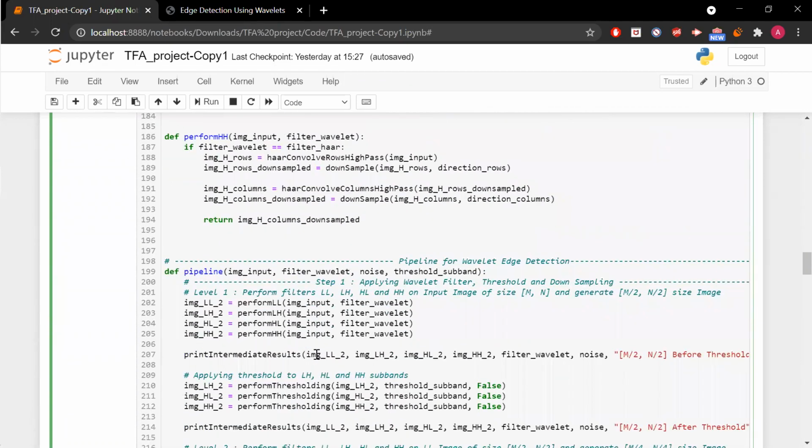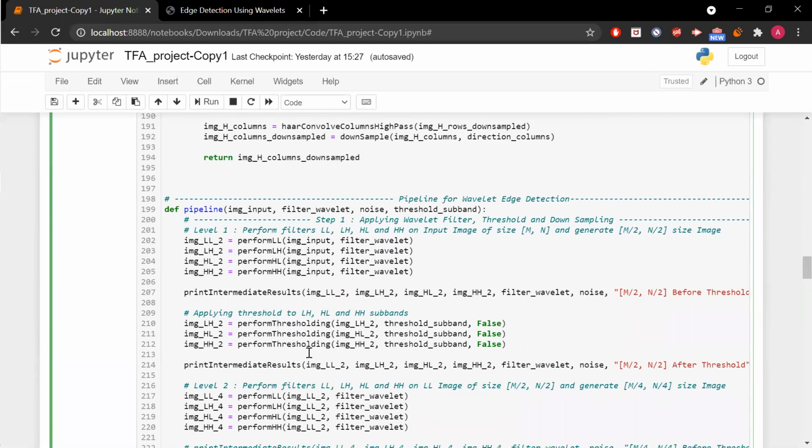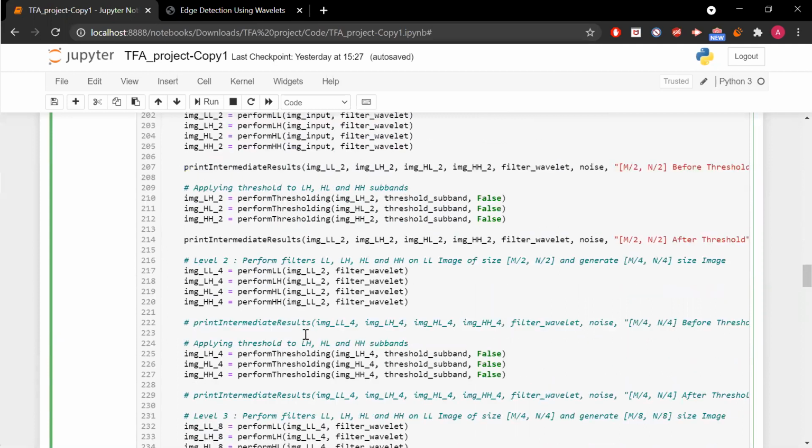And now the pipeline. This is the main function in our code. This function will be calling all the remaining functions to perform the steps. We are also printing the before threshold and after threshold in every stage, so that the user will understand what exactly is changing between before threshold and after threshold in each stage.